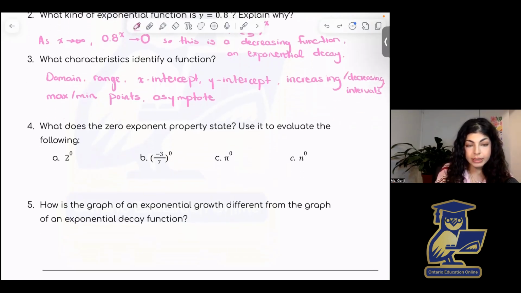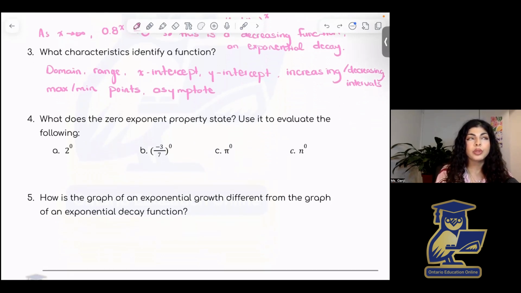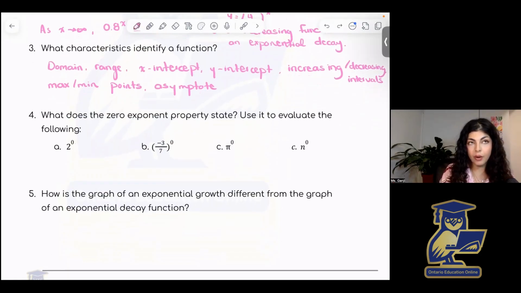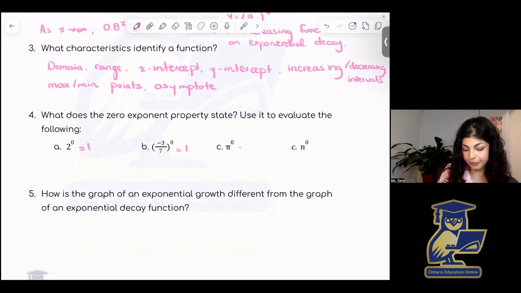Now, our next warm-up question. Remember with the zero exponent, there is a property to it. It is one of our exponent rules, and we're asked to evaluate the following. If you remember, any base to the power of 0 is equal to 1, which is our property. That means I don't even need to look at the base for any of these. These will all be 1.